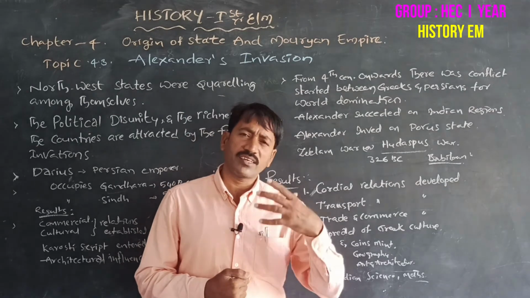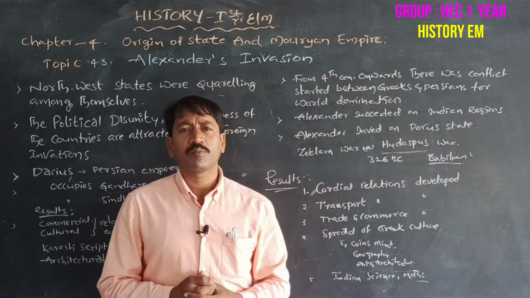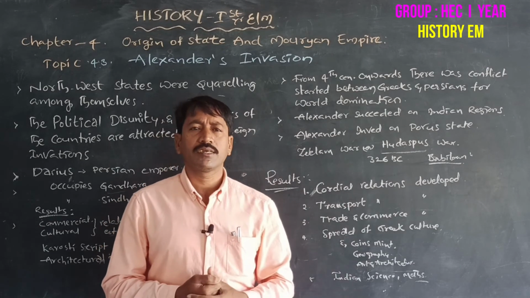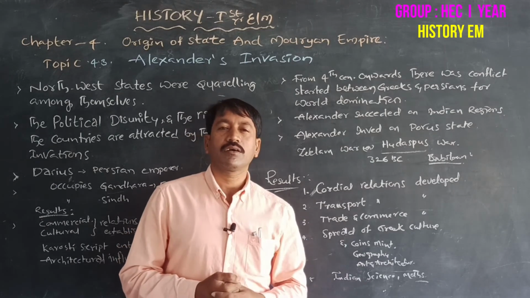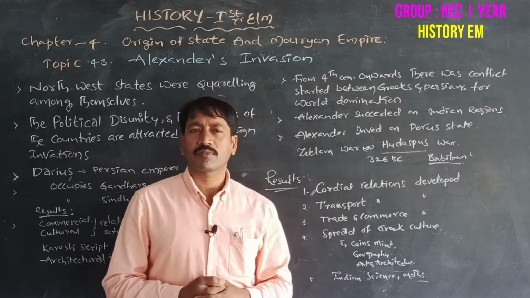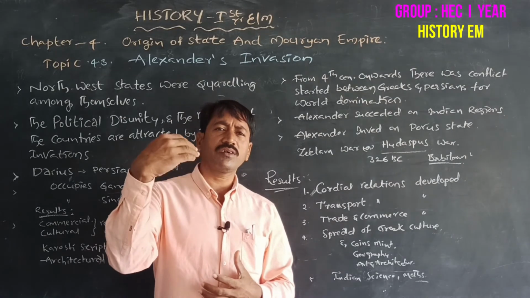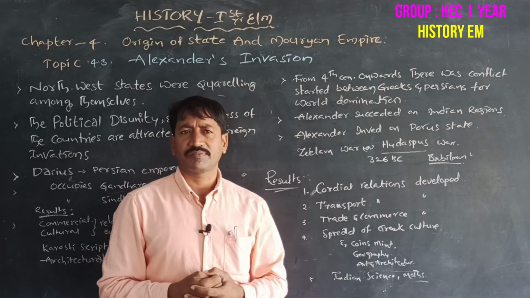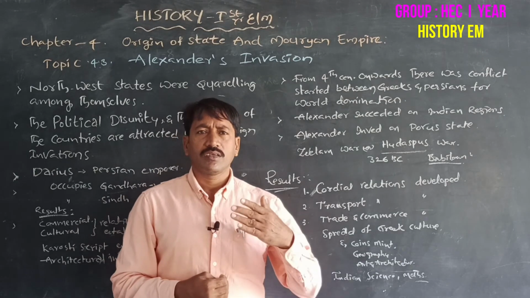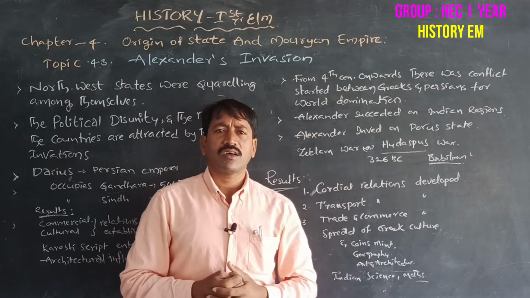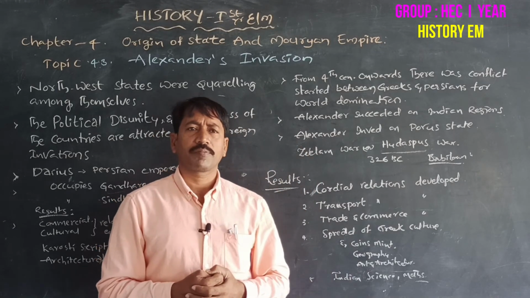Finally, Alexander won over Purushottama, but he was impressed by the bravery of King Purushottama. That's why he gave his kingdom back to him. After that, he thought of going to his native kingdom.